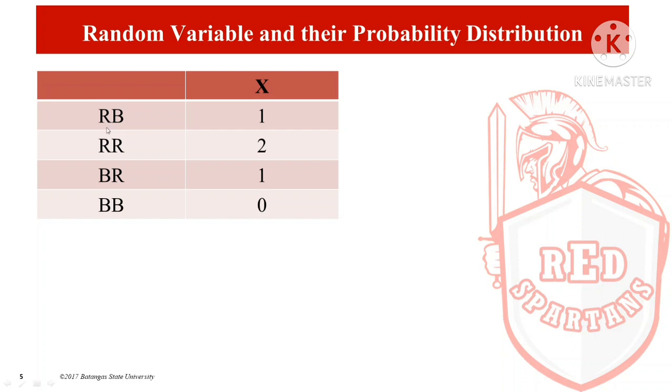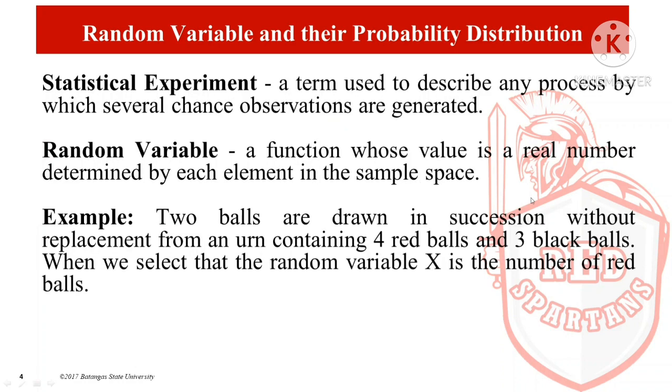So first ball is red, then second is black, then another is first ball is red, then also second ball is red, then third is first ball is black, then second is red, and also same ball na i-draw natin sa urn is are black. So yun, ibig sabihin yung ating real value or random variable x, wherein sabi ay random variable x is the number of red balls.